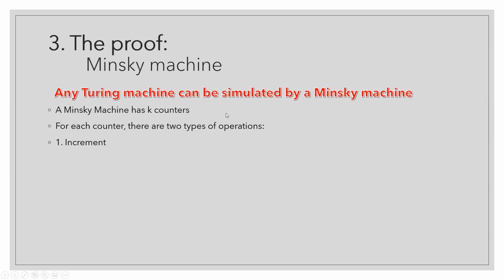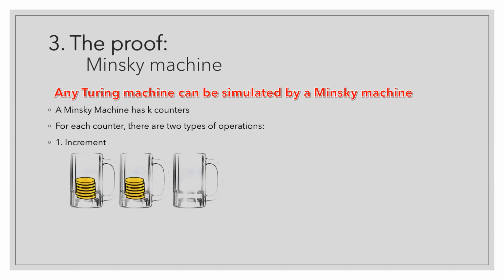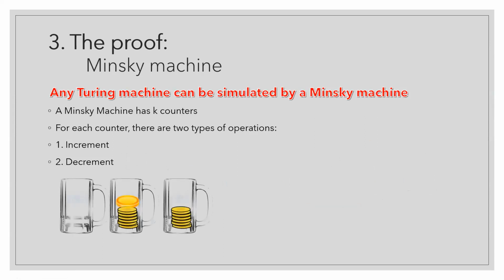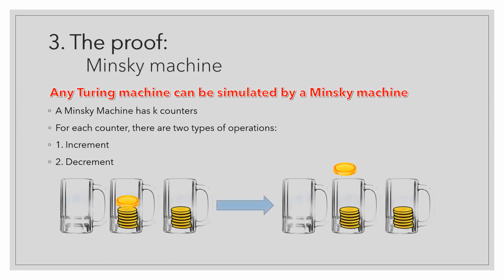Now for each counter, there are two types of operations. The first one is to increment the counter, just like you add some coins to some of the glasses. The second type is to decrement the counter, which is like removing coins from some non-empty glasses. You can see that the commands of the Minsky machine are very easy to describe.